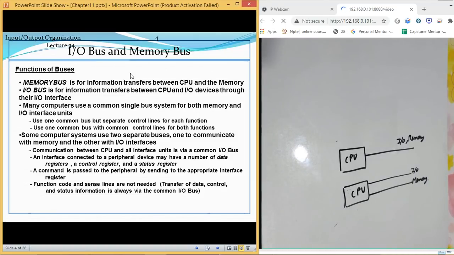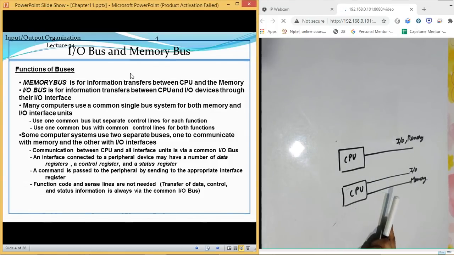Okay. So see, many computers use a single common bus system for both memory and input output interfaces. Now, use one common bus but a separate control line for each function, or use one common bus with a common control line for both functions.